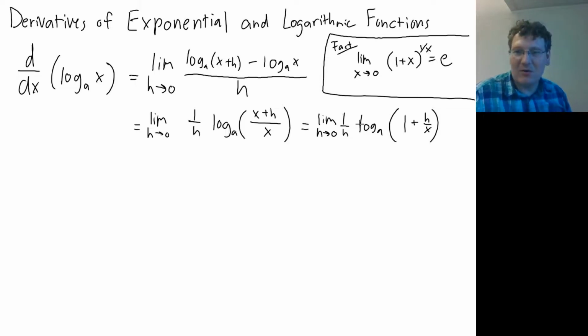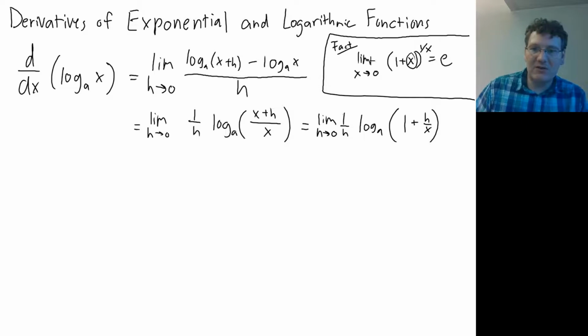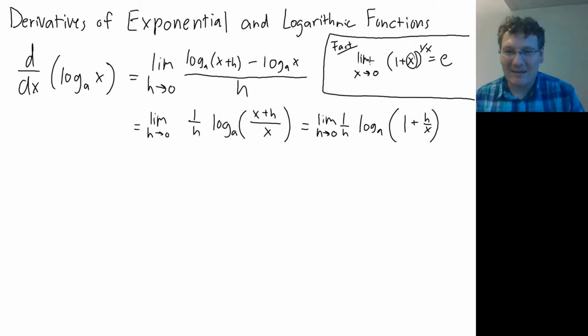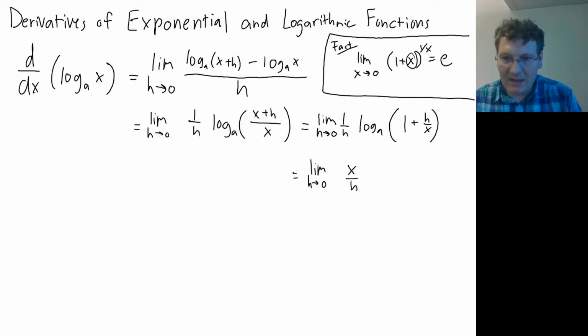The h's are going to be our x, so to speak. So what we want is h over x to be this thing. So I'm going to introduce an x to get an h over x out front. I'm going to write this limit as h goes to 0 of x over h and a 1 over x times logarithm base a of 1 plus h over x.